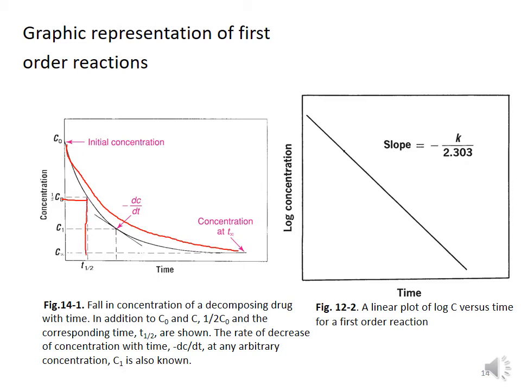This is the half-life. When a plot of log concentration versus time is prepared, a linear relationship is obtained in case of a first order reaction, and the slope equals minus the reaction rate constant divided by 2.303.